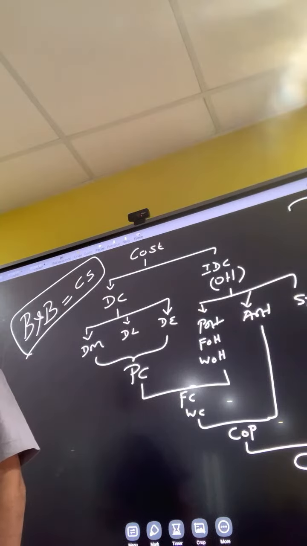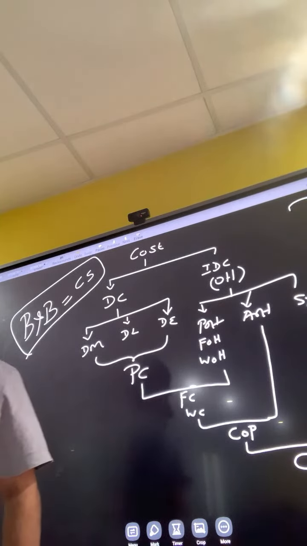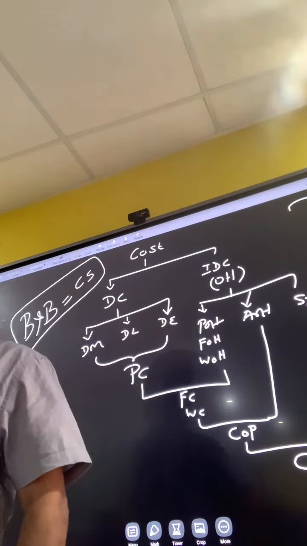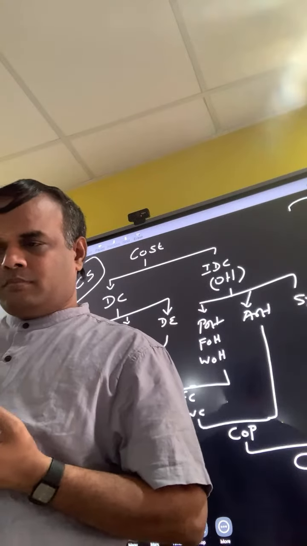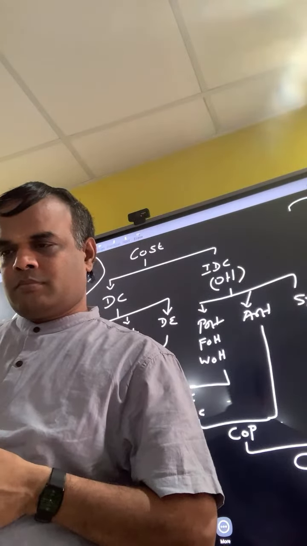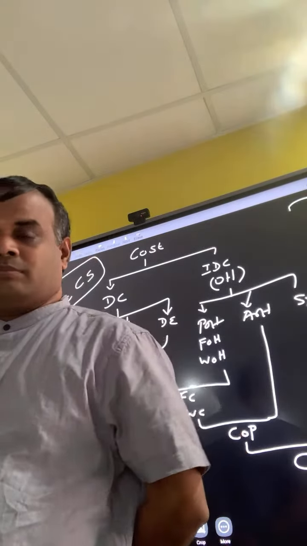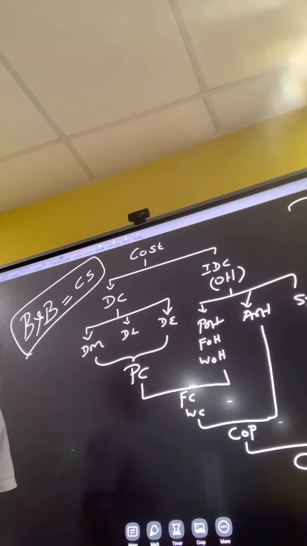Cost we have to classify into two types, direct and indirect cost. Direct cost is further classified into direct material, direct labor, direct expenses.